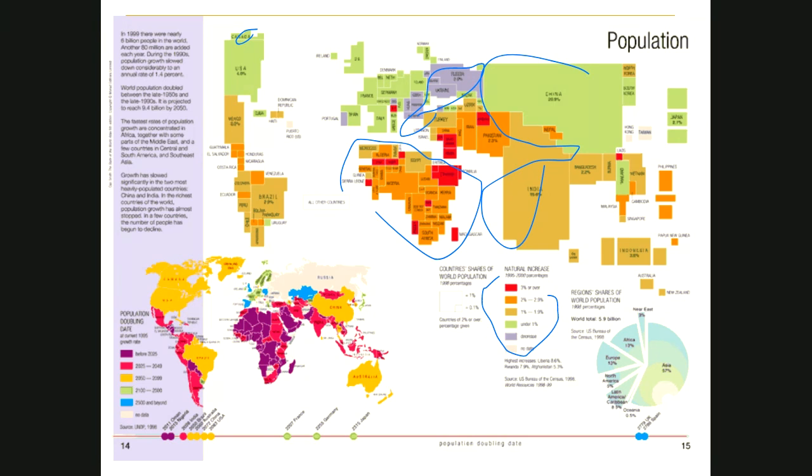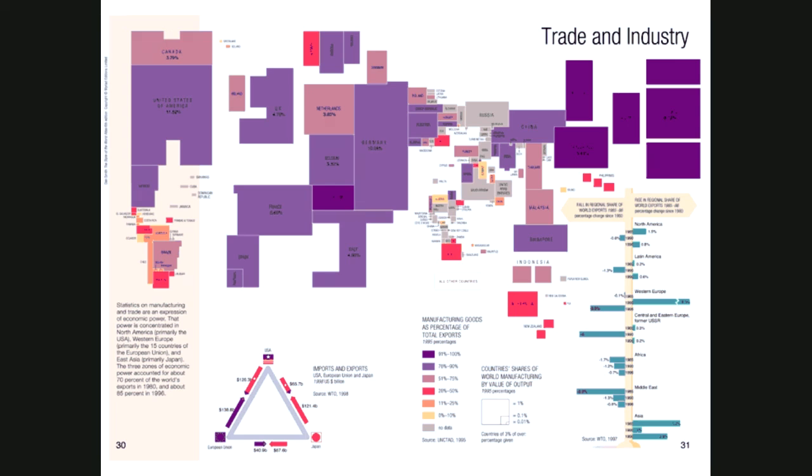Here's another representation. This has to deal with trade and industry. So the size, I think, is manufactured products, so not natural resources, but manufactured products that are being exported or something along those lines. You can see Japan is really big here.